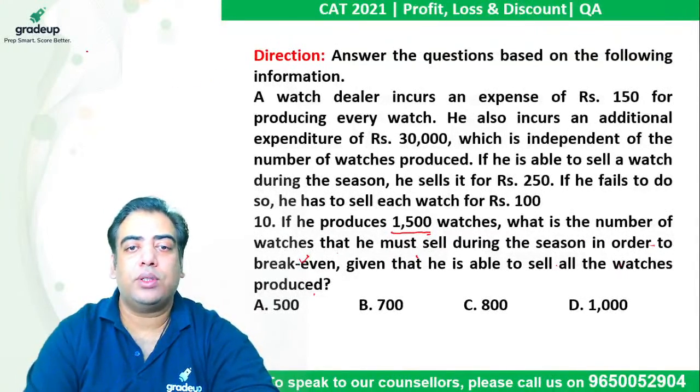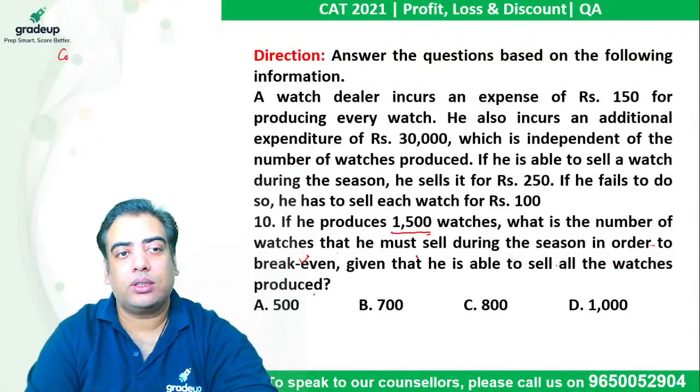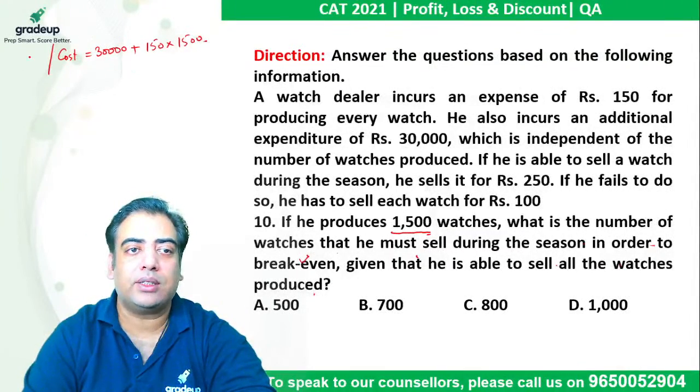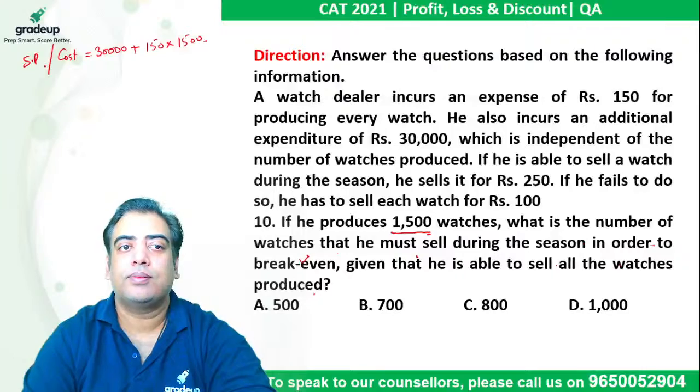So as it is given to me that the cost is 30,000 plus rupee 150 per watch, and there are 1500 watches. So because we are talking about break even now, your selling price will be equivalent to cost price.